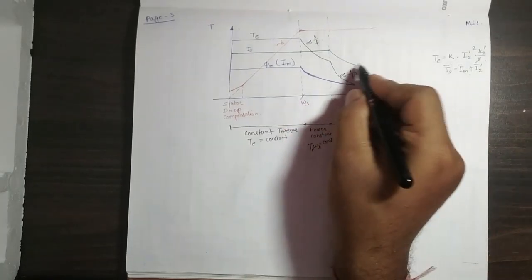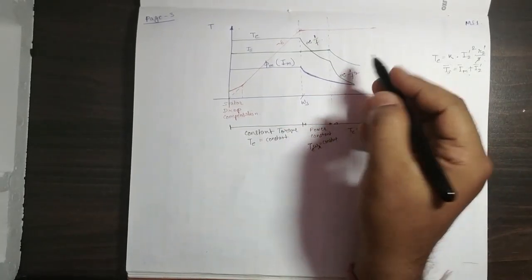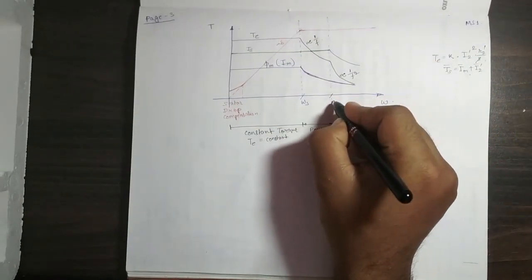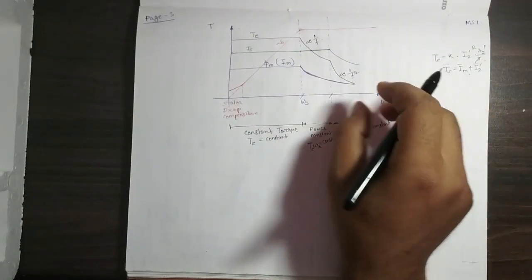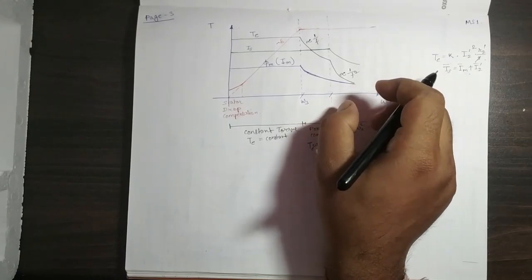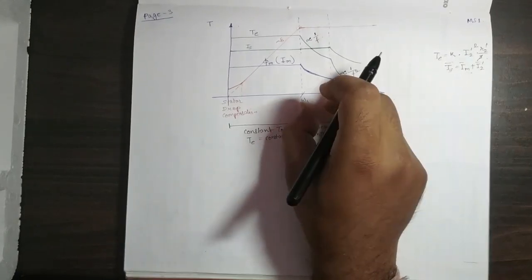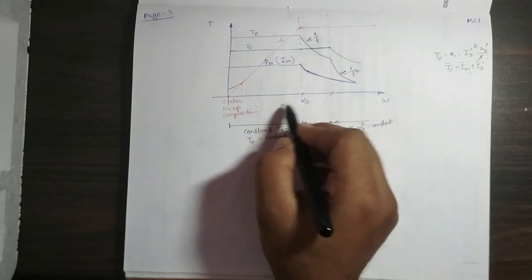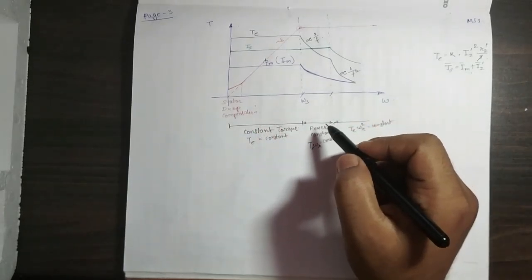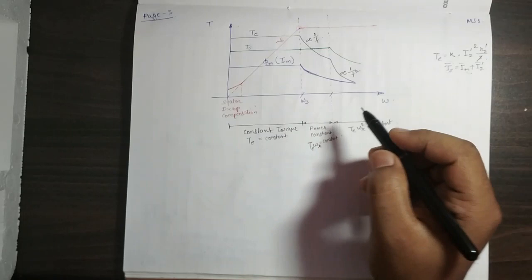This zone is mainly used for high-speed electric vehicles. Up to the first and second zones, that is for normal operation of the induction machine.